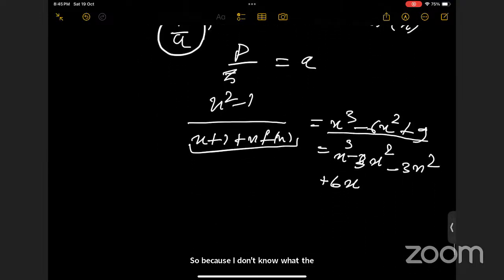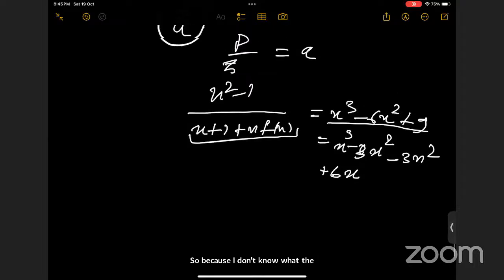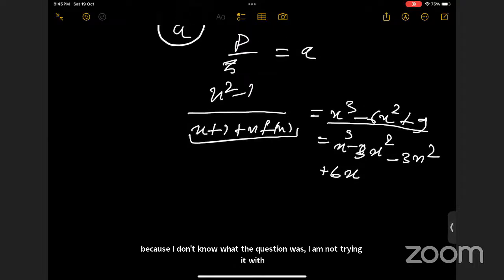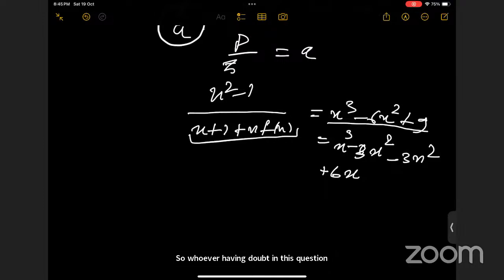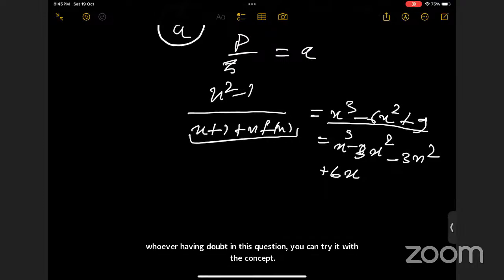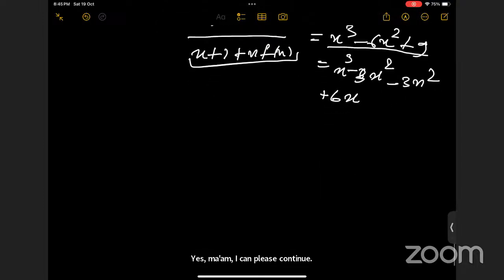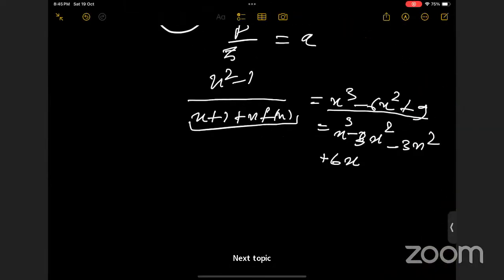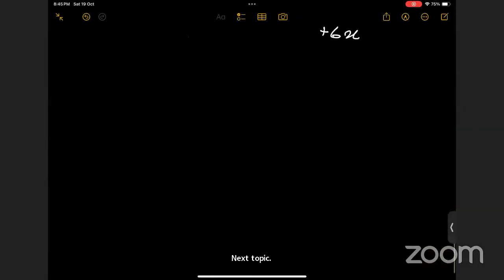So whoever has a doubt in this question, you can try it with the concept which I just said. So these were all the algebraic operations of polynomials. We can now move to the graph.